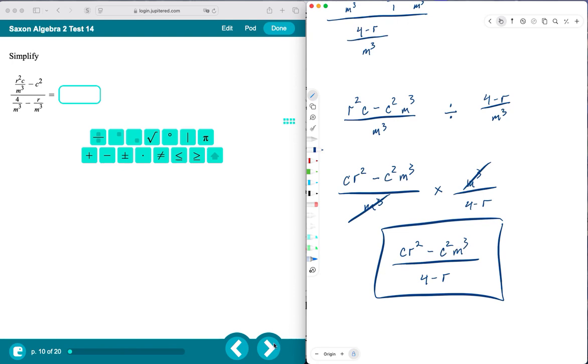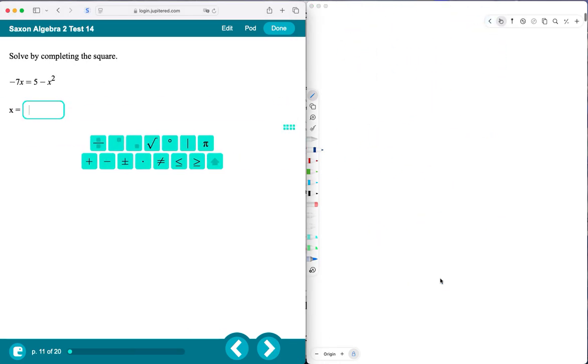All right, next one was number 11. Okay. So we are wanting to complete the square here. So negative 7x is equal to 5 minus x squared. So we need to have the x terms all on the same side. So I'm going to add x squared to both sides.